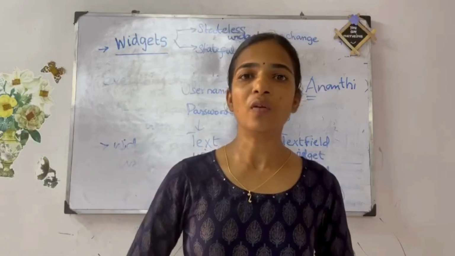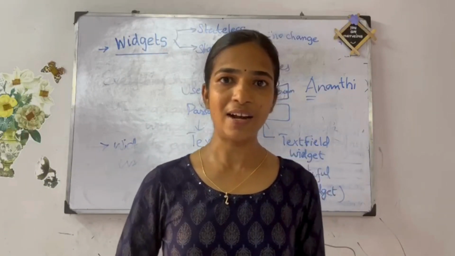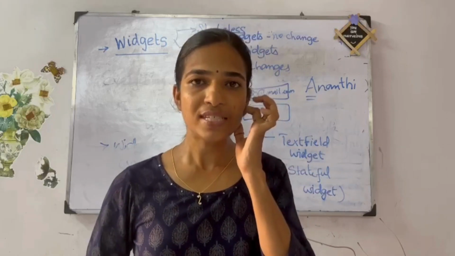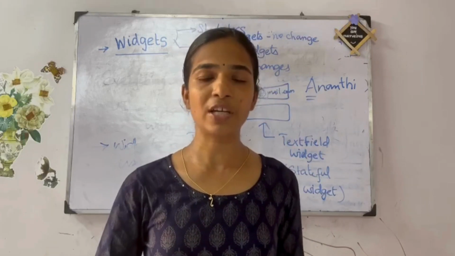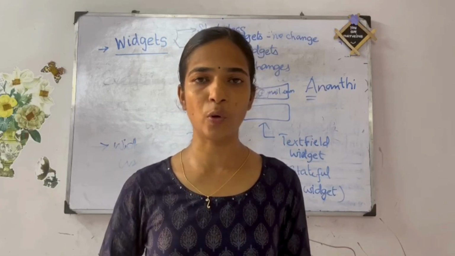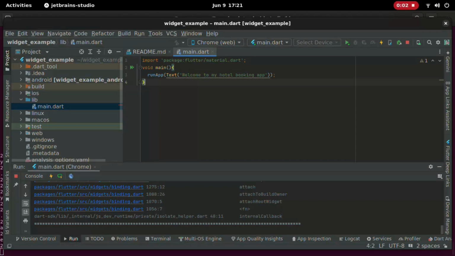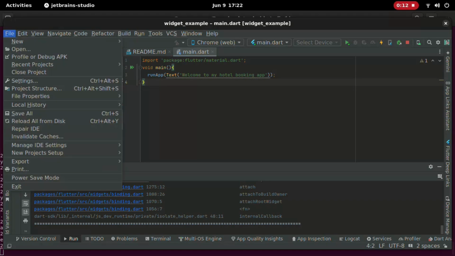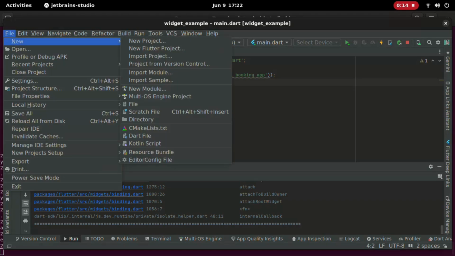Okay, so now we are going to program this in Android Studio. Before we start to program, let me give you a hint of how to write the code. Today we are going to create a simple Flutter project to learn a simple widget, text. So for that, let me go to Android Studio and select File, New Flutter project.